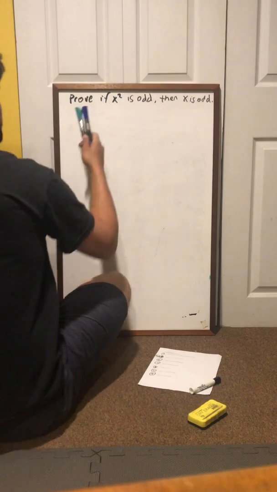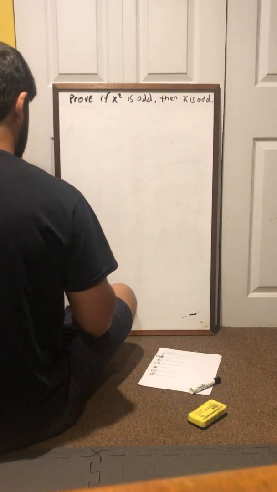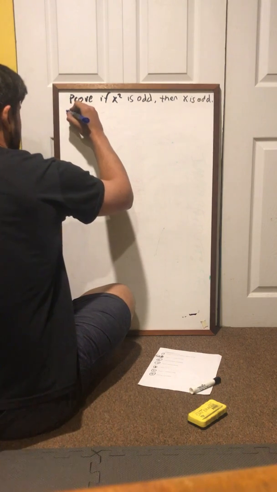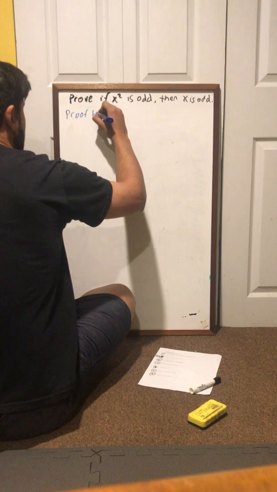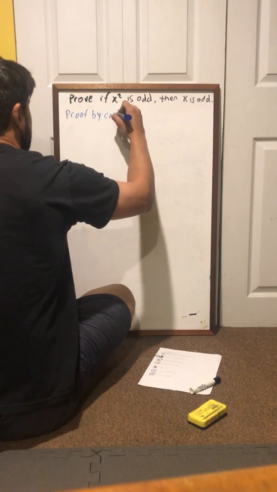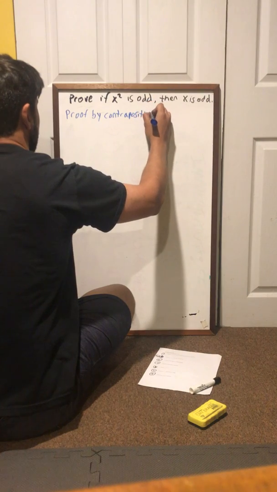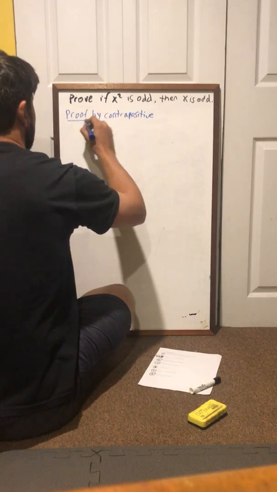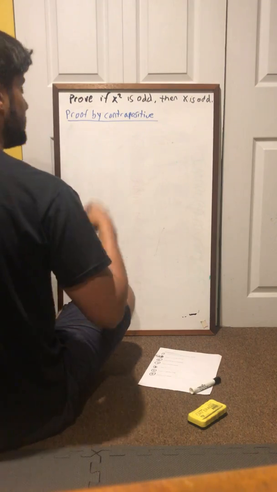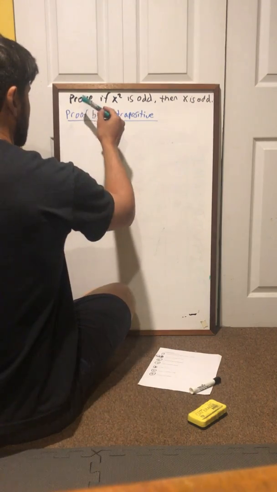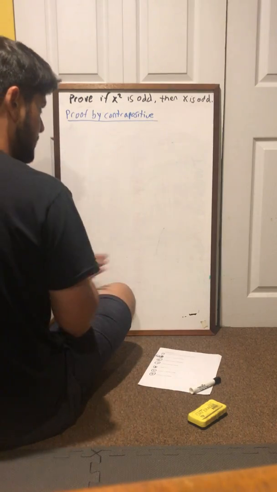So, prove if x squared is odd, then x is odd, all right? We're first going to use a proof by contrapositive. Now, knowing that the conditional statement is if P then Q, we're going to negate it and flip it.